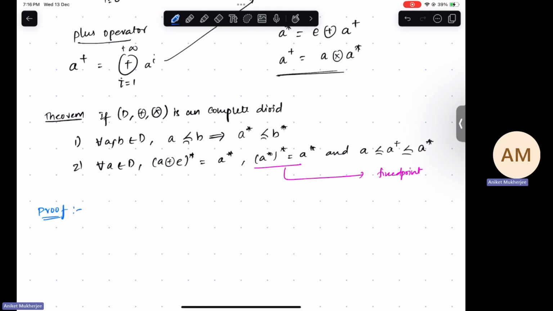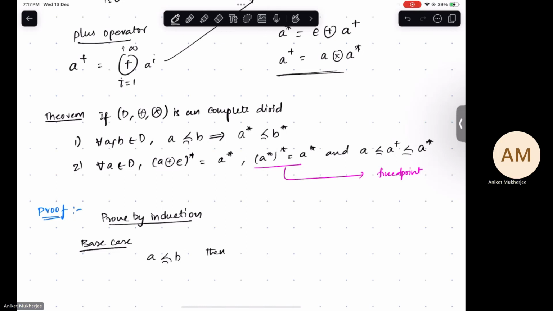So the first one we'll try to prove by induction. In the induction, we have the first case of the base case. So if n is 0, then A1 is less than B1.